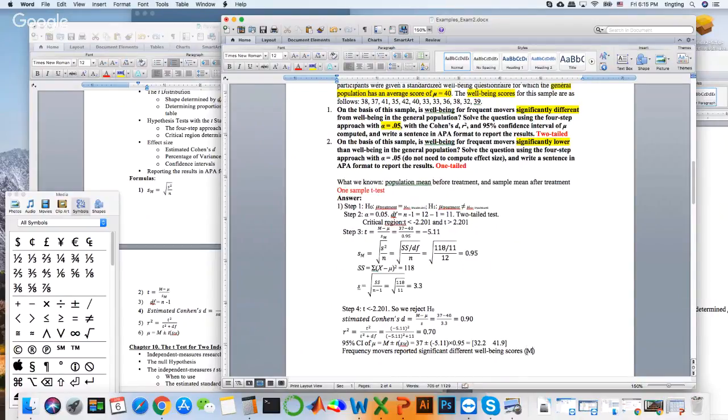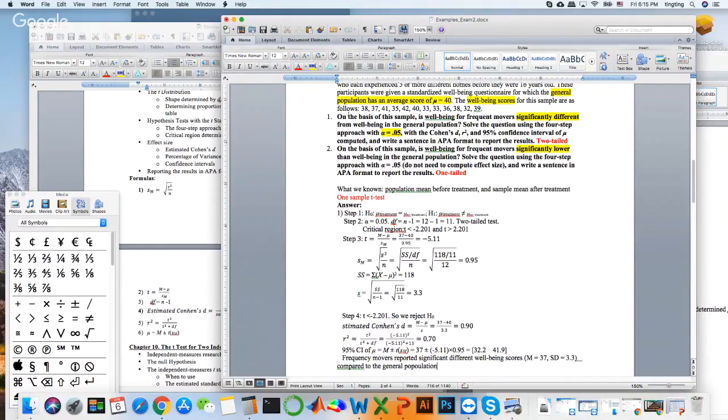And we could report the mean. Mean is equal to. And then we need to report the SD, the standard deviation. Here it's 3.3, compared to the general population.